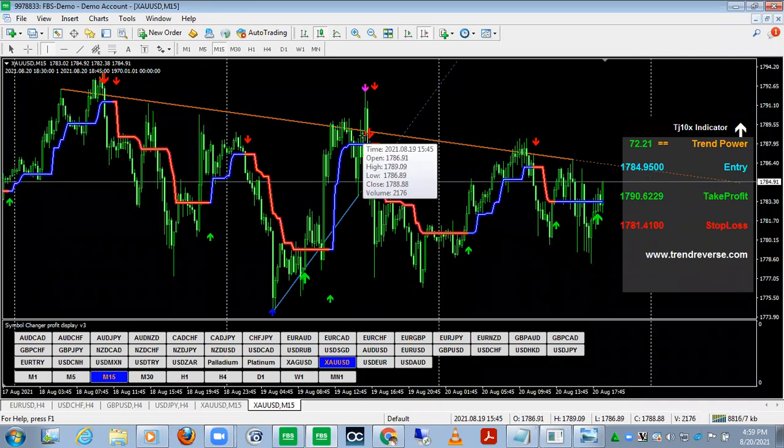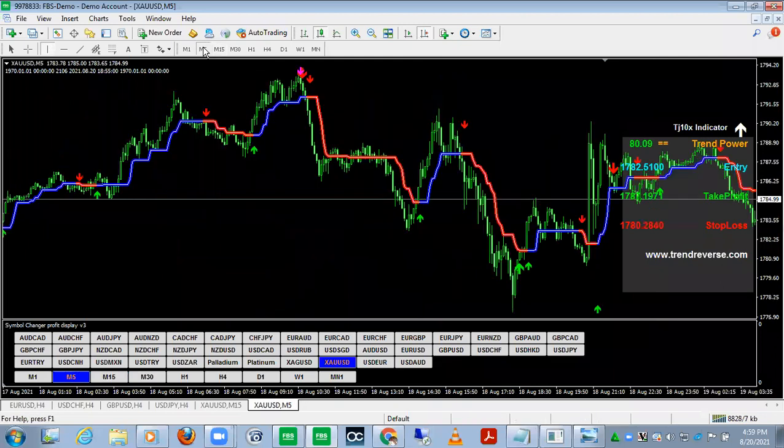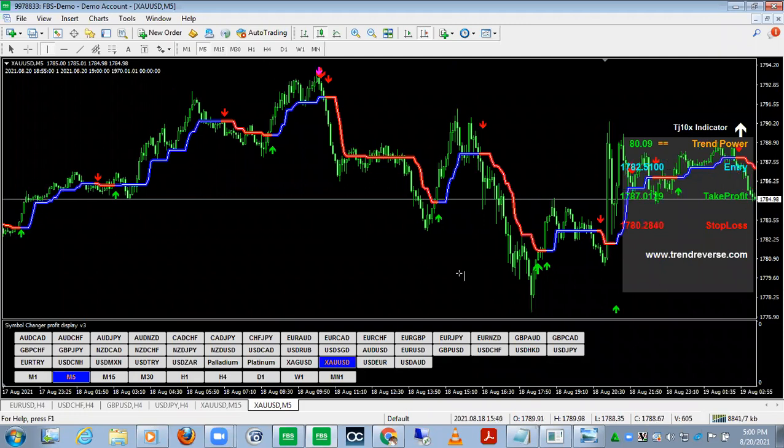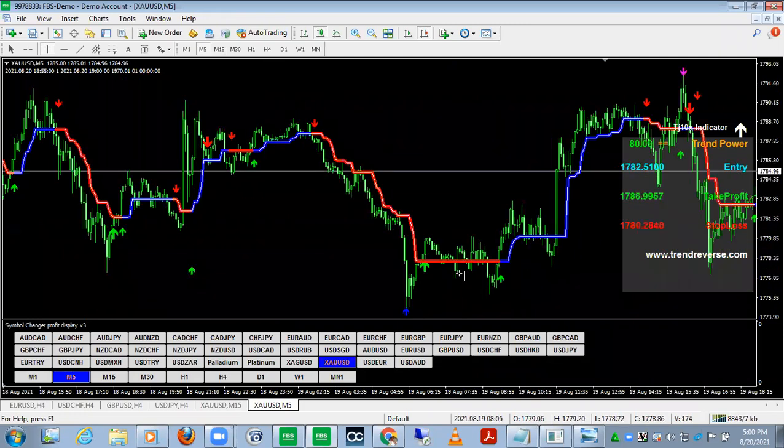Today's trade started from here. This was yesterday, the 19th of August. We have to get our timing right or else we'll make a mistake. Now, 5 minutes, 19th of August, 16:00. Let's check. This is the 19th. I'm almost there. 16:00.